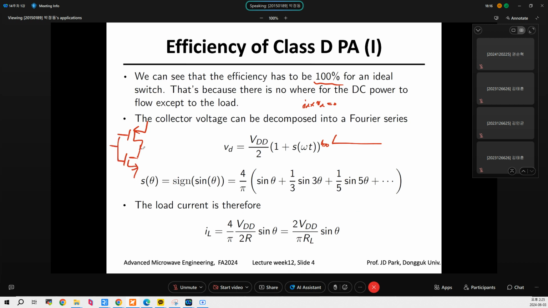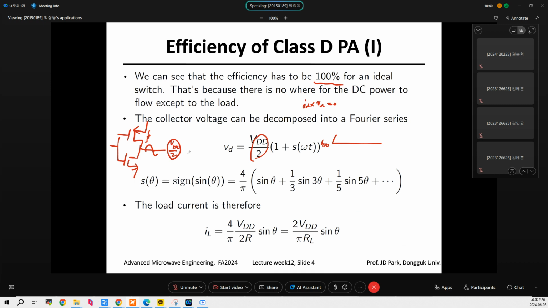Okay, so this is the middle of VDD. This resistor and this resistor are the same. So we have a whole swing of VDD, which means in the middle it becomes VDD divided by 2. So this is VDD divided by 2.